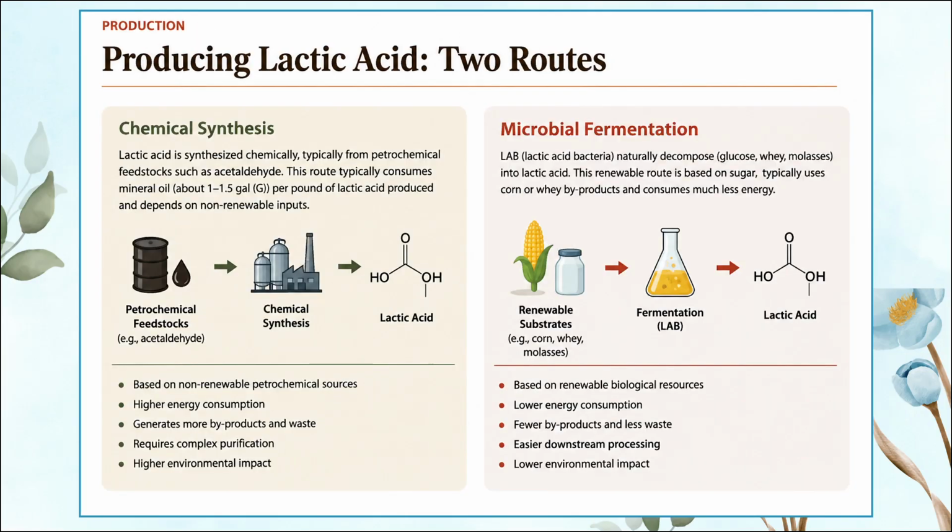Next is the production of lactic acid. There are two methods involved in this. One is chemical synthesis and the other is microbial fermentation. In chemical synthesis, petrochemical feedstocks are used for the synthesis of lactic acid through a chemical process. This process is based on completely non-renewable petrochemical sources, and the energy consumption is higher.